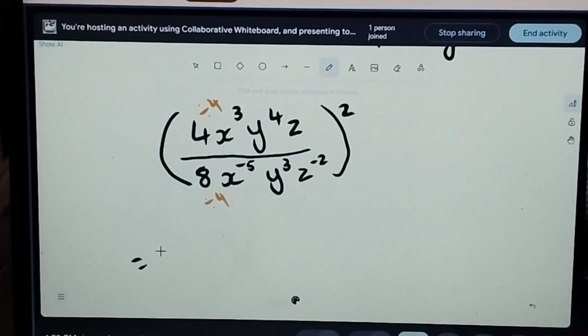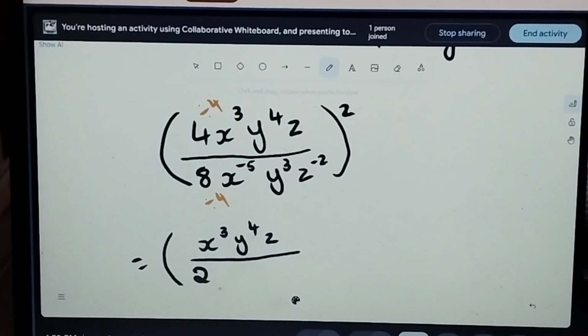I'm not going to do anything else in the first step, I'm just going to do that. 4 divided by 4 is 1, so I'm going to just cancel the 4 out completely, and so I'm now left with x cubed y to the 4 z. So you see I haven't changed anything with the variables. 8 divided by 4 is 2, so I'm going to put my coefficient there of 2.